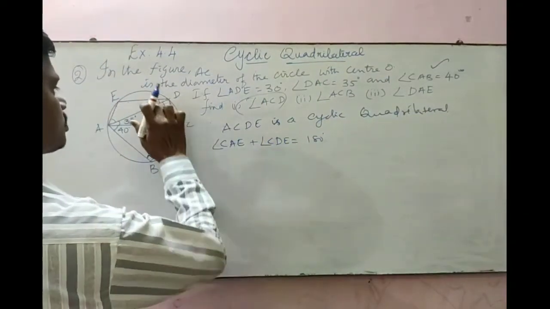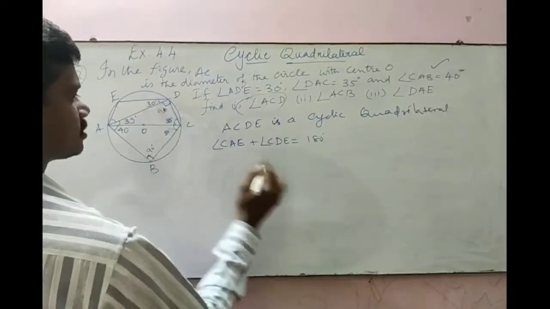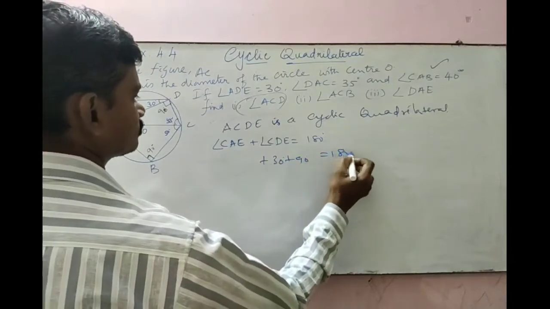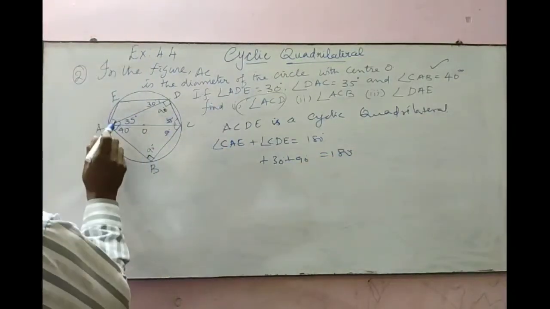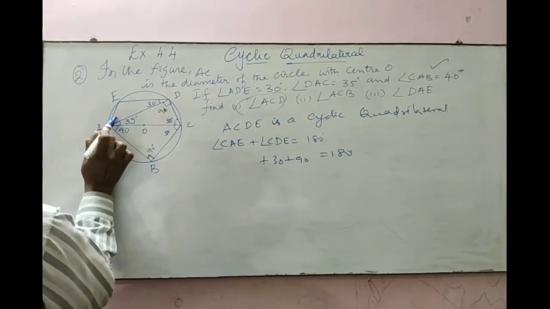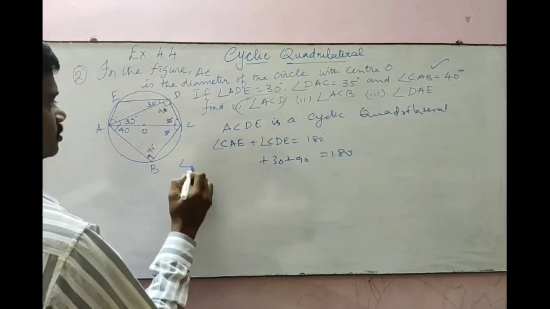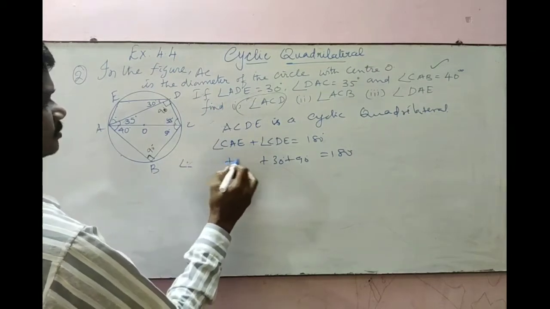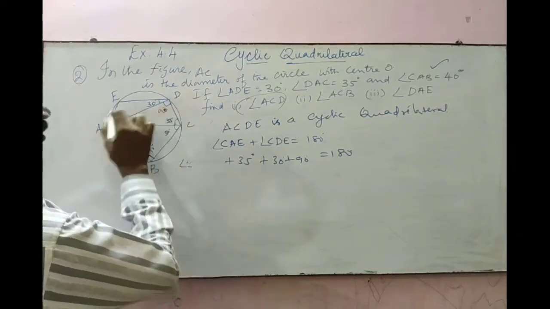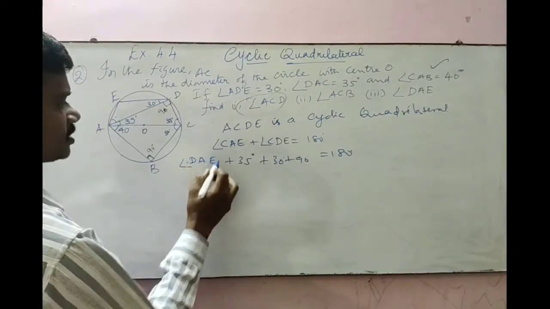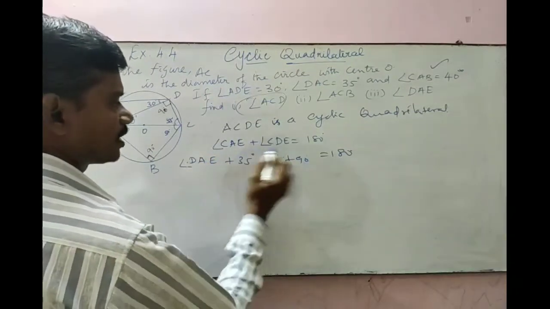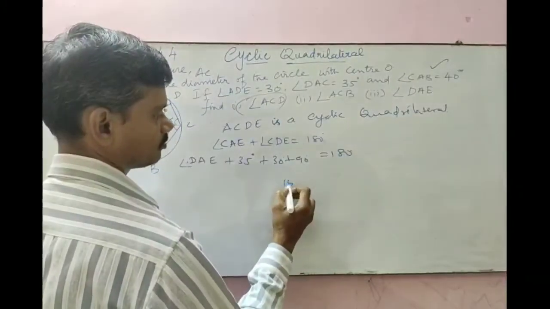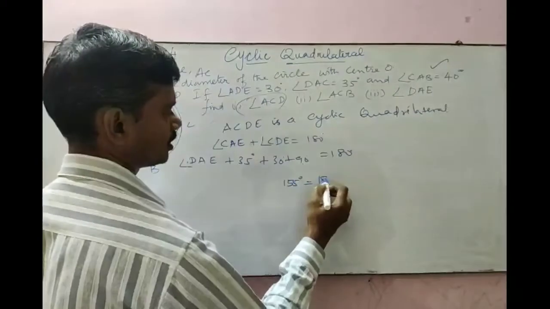Here CDE is split into two angles, that is 30 plus 90. CAE can also be split into two: 35 degrees plus what we are going to find out, DAE. Now add these three known angles, you will get 90 plus 65, that is 155 degrees, equal to 180 degrees.